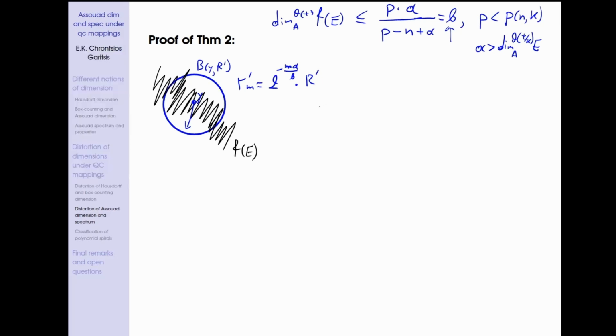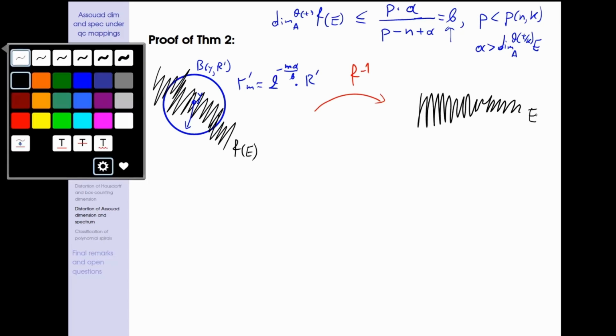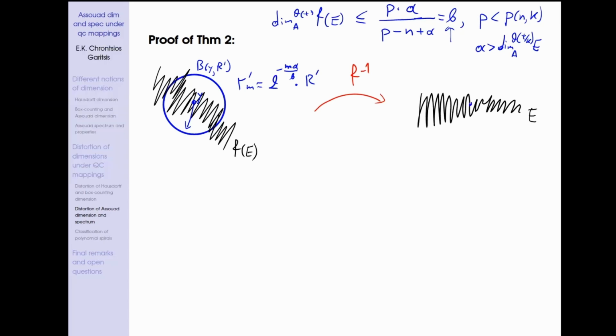So let's apply the inverse map on what we have already to start working in the source where we have more information. Let's say now that this is E. Of course, under the inverse map, X is just the inverse image of Y. Under this inverse map, we don't have this ball to be a ball anymore.